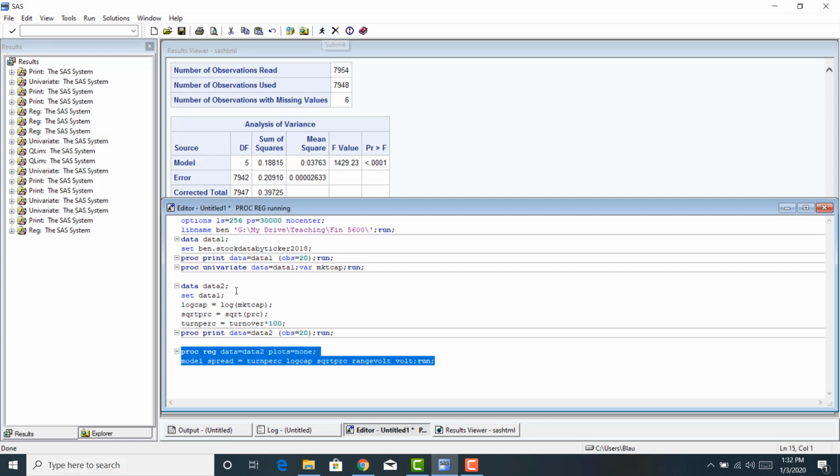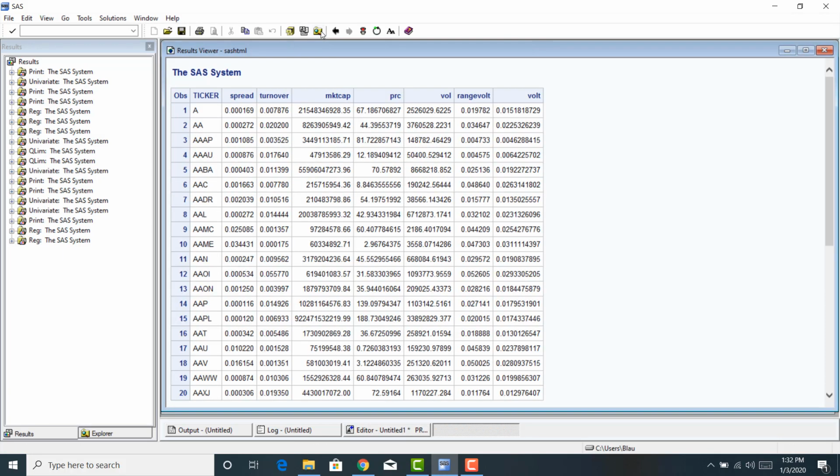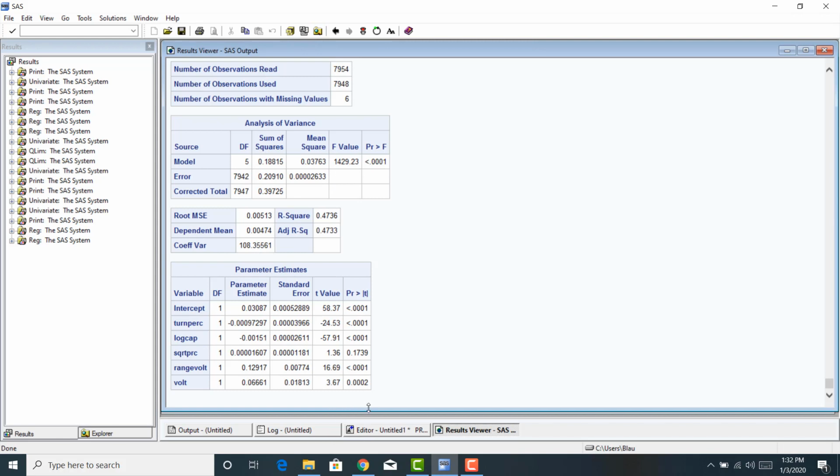All I have to do is, inside proc reg data equals data 2, say plots equals none. When I run that again, notice that it didn't print out the graphic, which will save you some time. Notice also that part of the output reports the root mean squared error, the r squared, the adjusted r squared. It also tells me that I'm missing 6 observations. That might be important. You need to be careful.